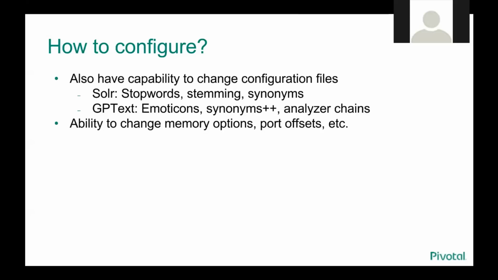How do you want that data to be stored? So being able to change stop words, being able to change the stemming algorithms, being able to equate different words with one another using the synonyms file. On top of that, we also added some new capabilities where you're able to equate emoticons to particular sentiments. So like a smiley face would be happy, a sad face would be sad, etc.